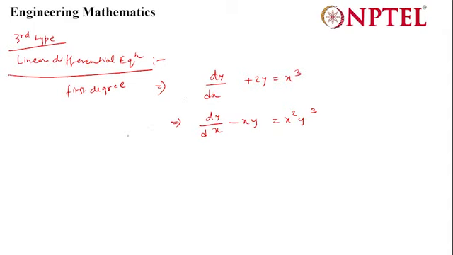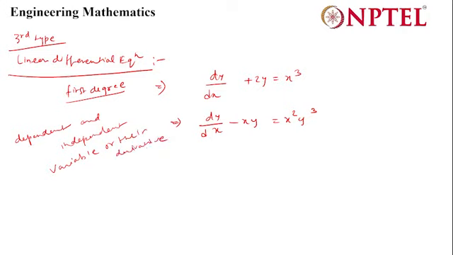One more thing I said in the definition is that it should have first degree and the dependent and independent variables or their derivatives are not multiplied together. So in this equation, dependent and independent variables are multiplied together, so this is a non-linear equation.